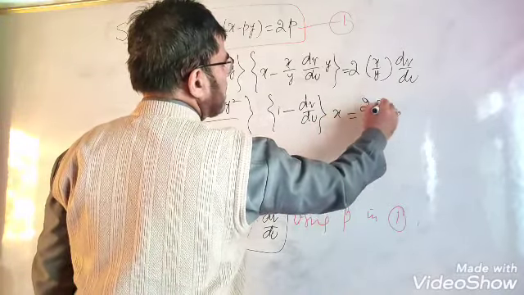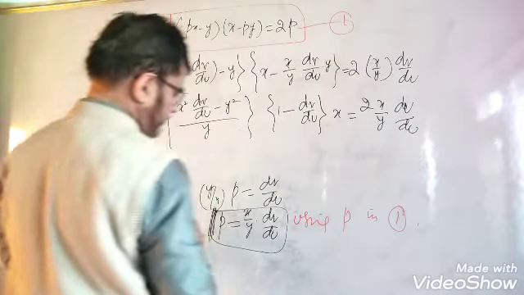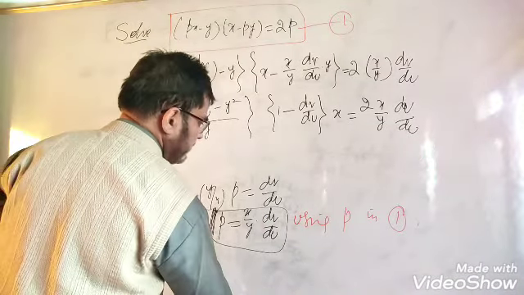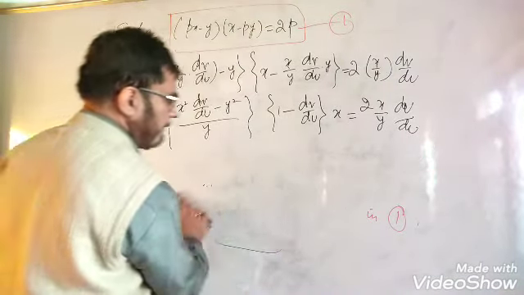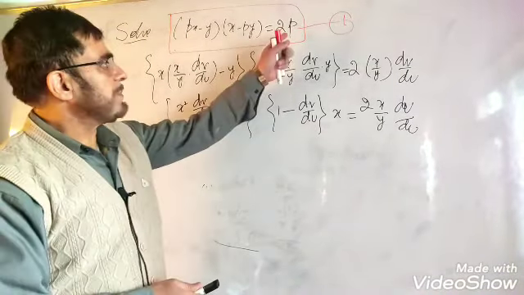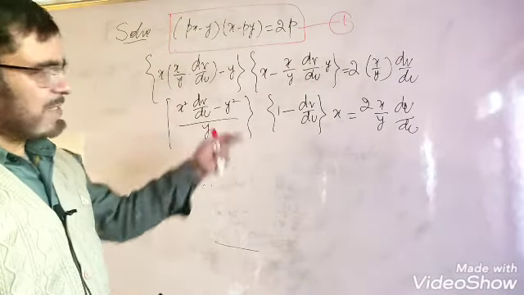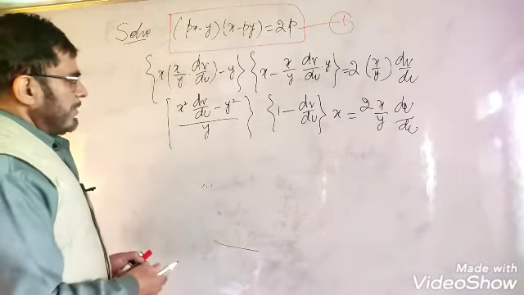This is 2x by y dv by du. Do you follow? I am simply replacing p by the value we got here. It is just simplification.